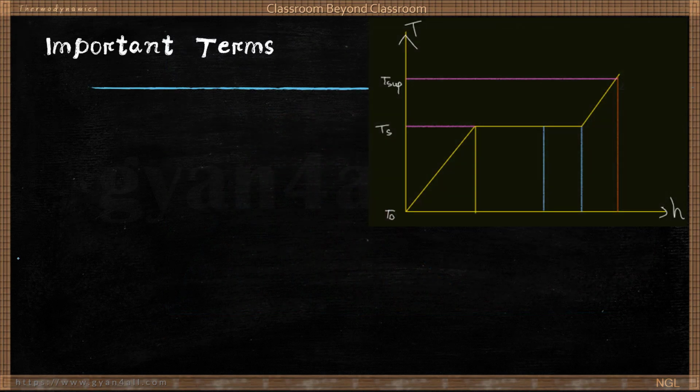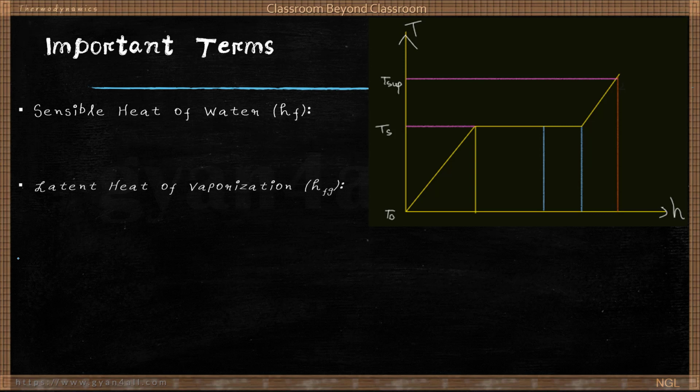You have to understand the thing. So I am going to recap only some things: sensible heat of water, then latent heat of vaporization, then total heat H. These three things we have already discussed.